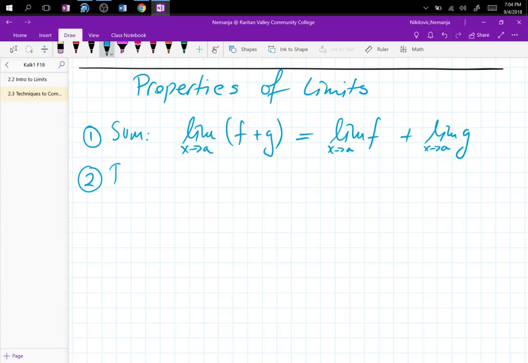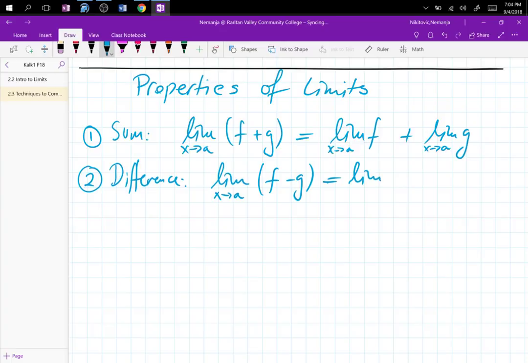Number 2, difference. The limit as x goes to a of f minus g is going to be the limit of f minus the limit of g.